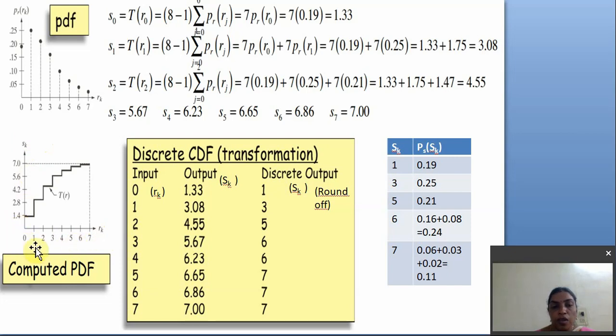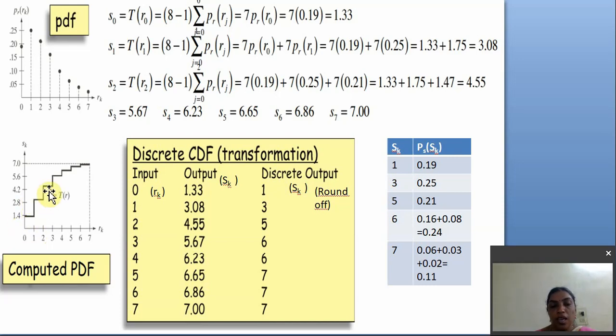Now for RK 0, what is the output? 1. After round off it is 1, but take the exact value, 1.33, and mark it. Now for 1, what is it? 3.08.